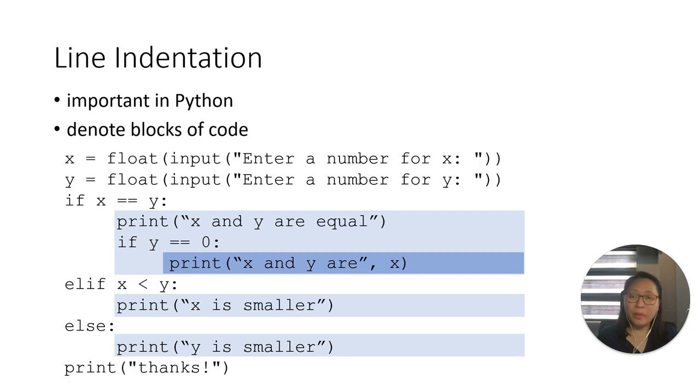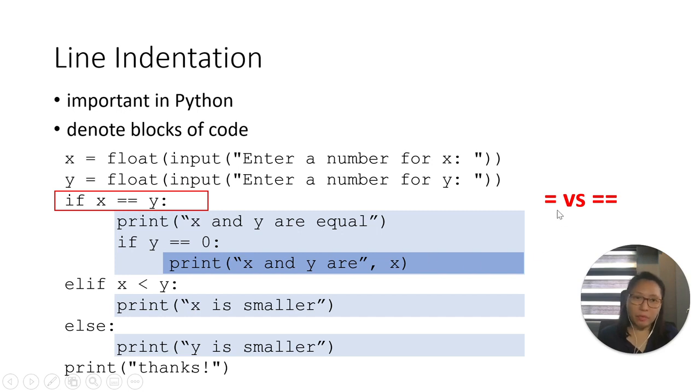By the way, when you're starting to code, be careful with your indentation. Also here you will notice if x is equal to y. These 2 equal signs mean the equality comparison operator.